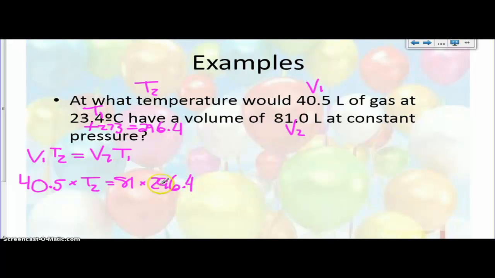So 81 times 296.4 gives us 24008.4. And that's equal to 40.5 T2. Now divide by 40.5 on both sides.